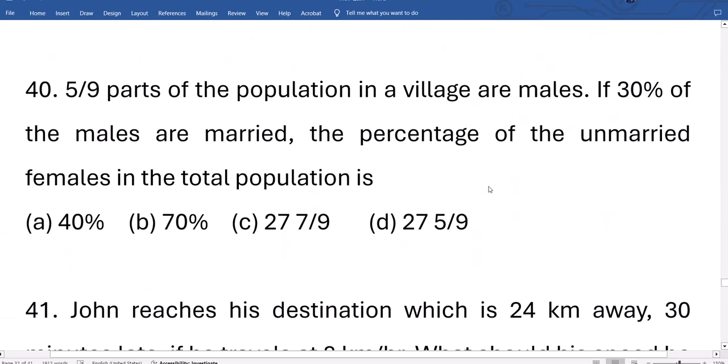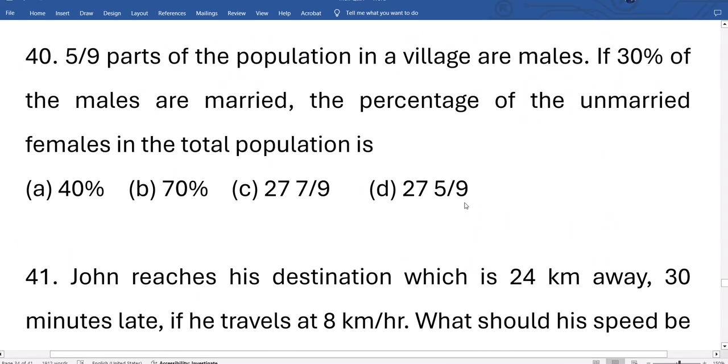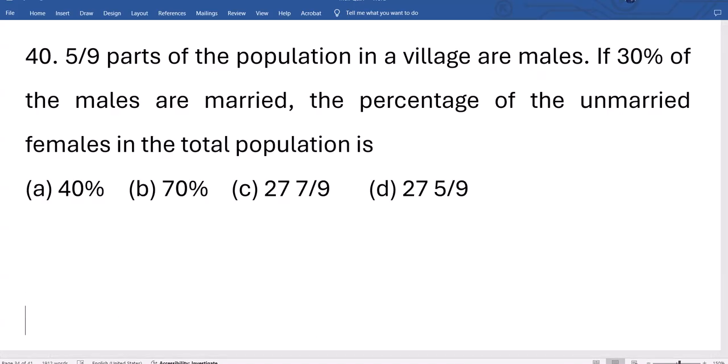Now see the 40th. 5 by 9 parts of a population in a village are males. If 30% of the males are married, what is the percentage of unmarried females? The question will be like that.